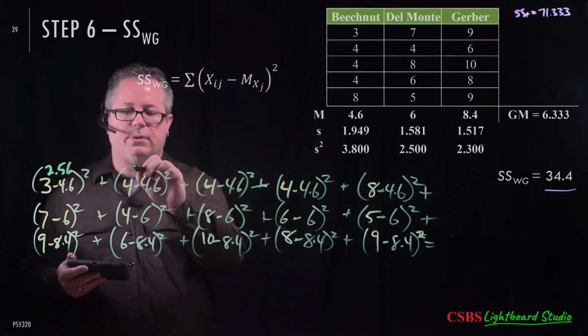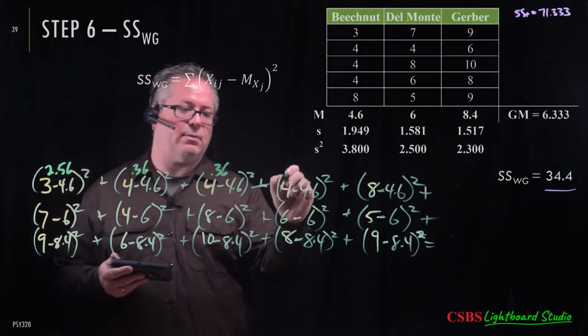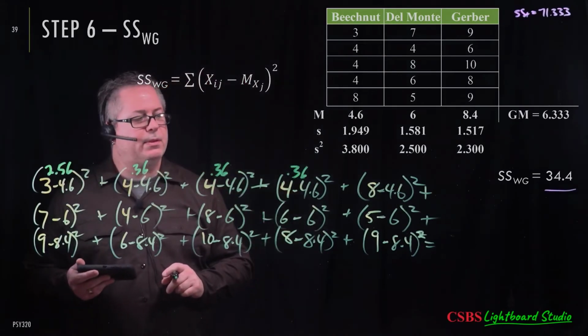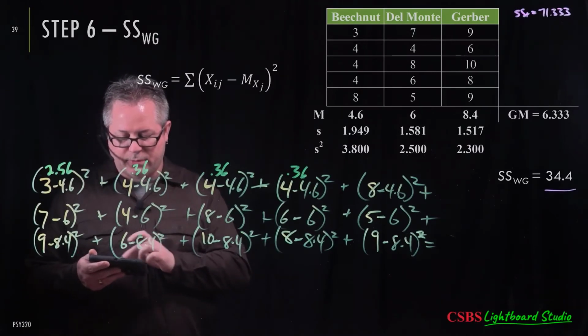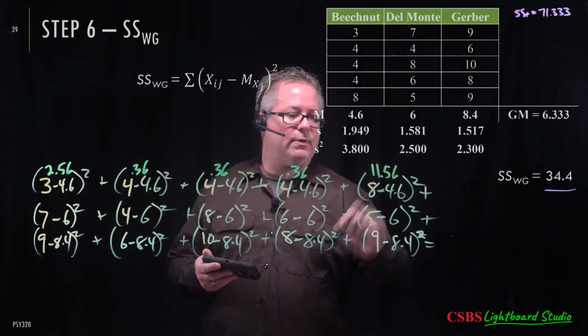This is 0.36. 0.36. 0.36. Okay. And then 8 minus 4.6 equals 3.4 squared is 11.56.